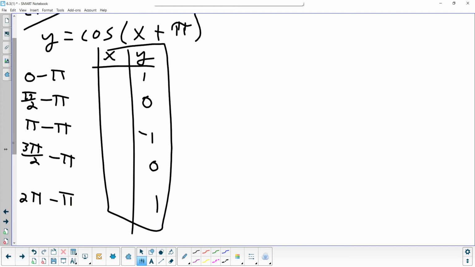Some of these we don't need common denominators for. The first one is -pi. The third one is 0. And the fifth one is just pi. Now, let's do common denominator. Bailey, what's the common denominator between 1 and 2? 2.